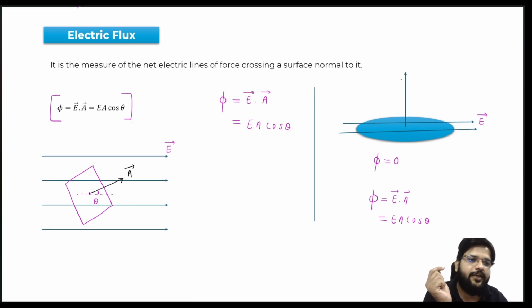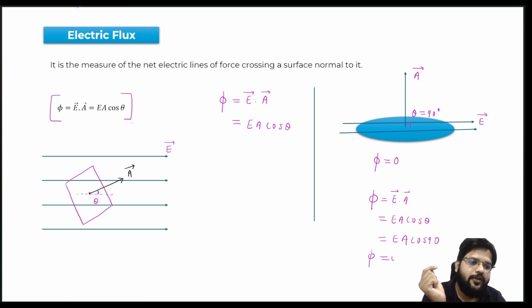So this is the direction of the area vector, everyone, normal to the surface, and we can see the angle between the electric field and the area vector is what? It is 90 degrees. So when theta is 90 degrees, then cos 90 is 0. Flux, what are we getting?